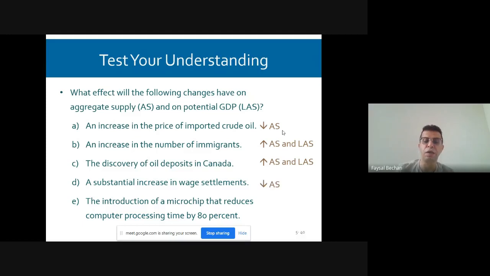And a substantial increase in wage settlement in the short term will just decrease the aggregate supply, because some cash is moving out from the producers to the hands of the employees. The introduction of microchips that reduce the computer processing time by 80%. You have to know one thing: aggregate supply is different from the long-term aggregate supply.